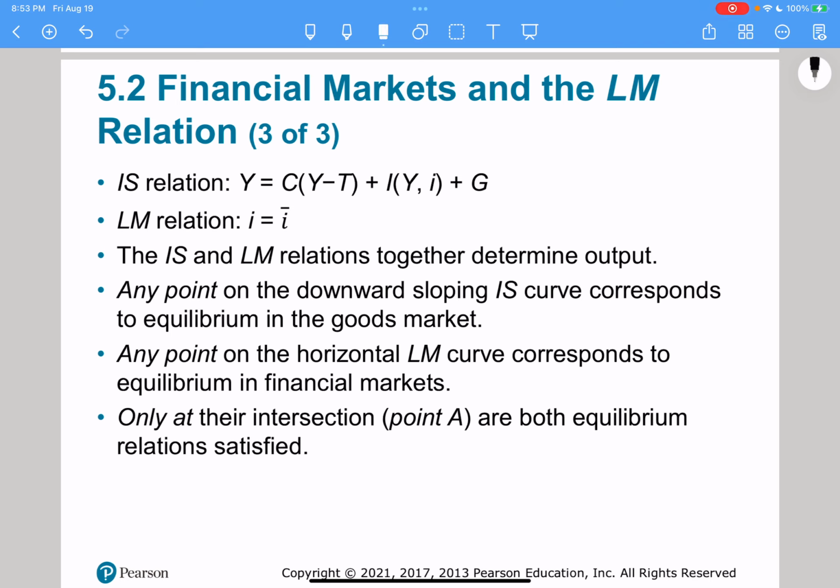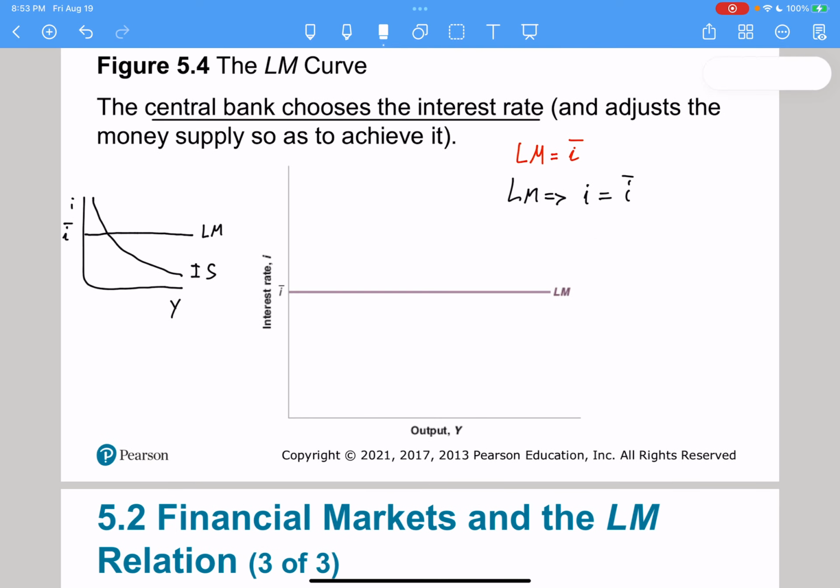The LM relation is established by the level of the interest rate chosen by the central bank. They together will determine the output. As you can see here, they together determine the output. And I'm going to put this star here just to say that this is the equilibrium output, right?